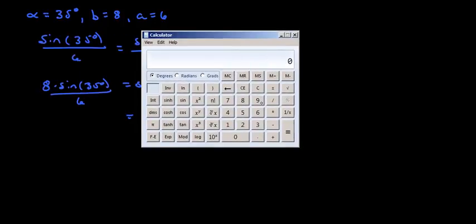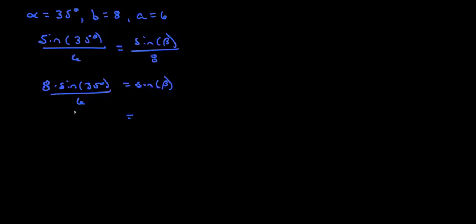So let's go ahead and get a value out there. So this would be the sine of 35 times 8. We'll divide that by 6. I'm getting 0.76. So that means beta is equal to the arc sine of 0.76.